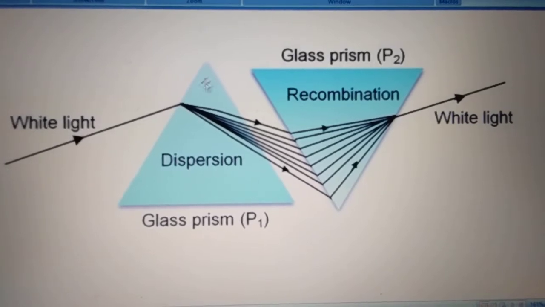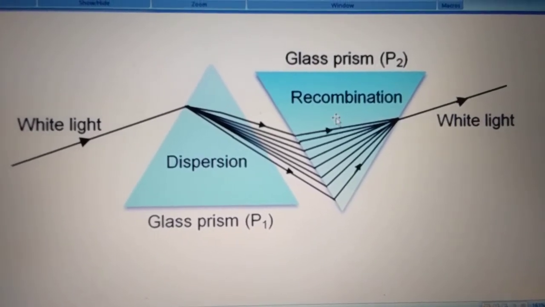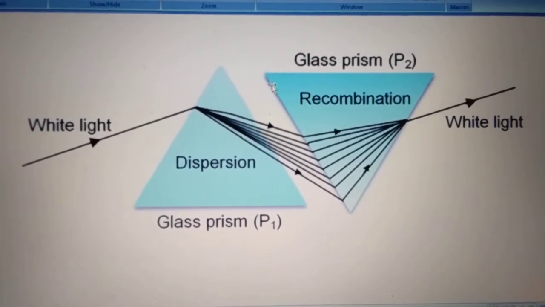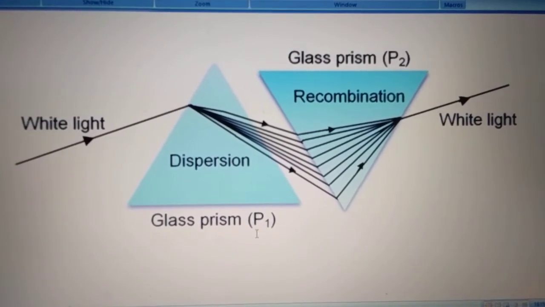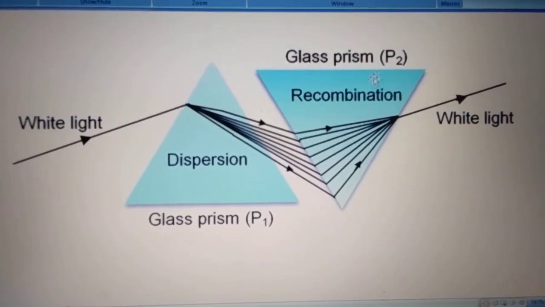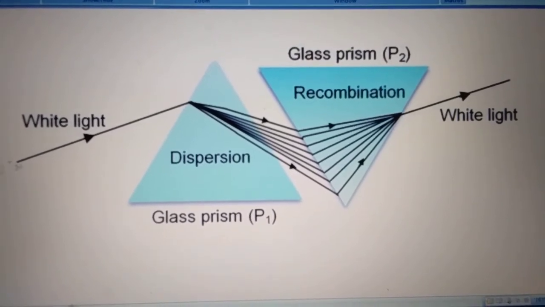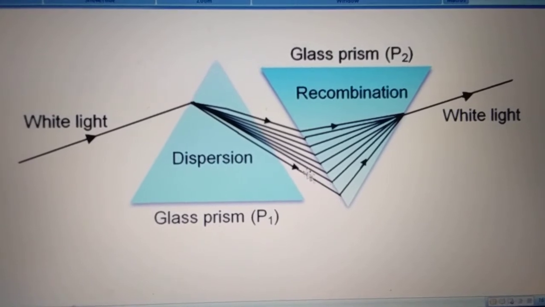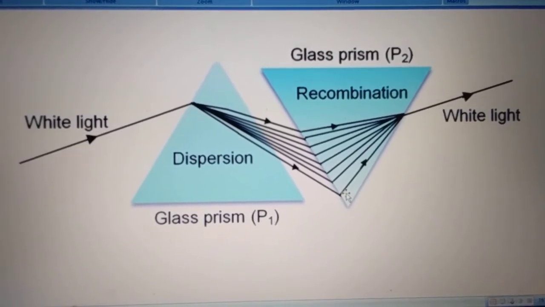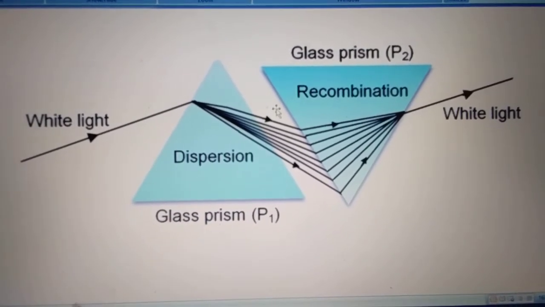Here two prisms are there, and one is placed inverted. P1 is one prism and P2 is another prism. When white light falls on the first prism, it splits into the seven colors. The violet is here and the red is at the other end.